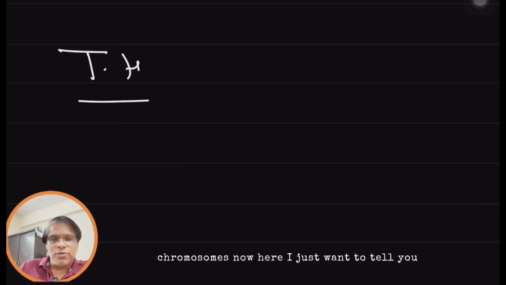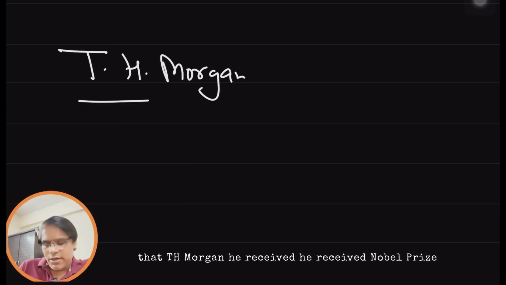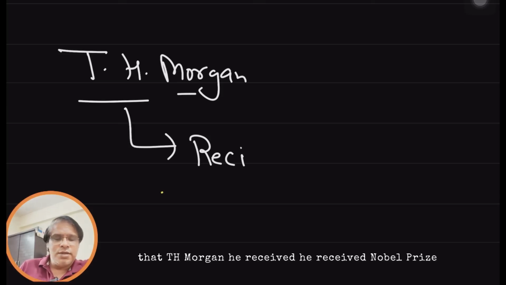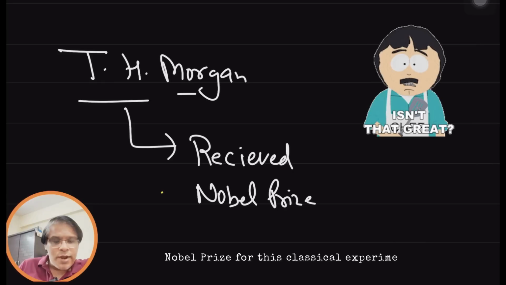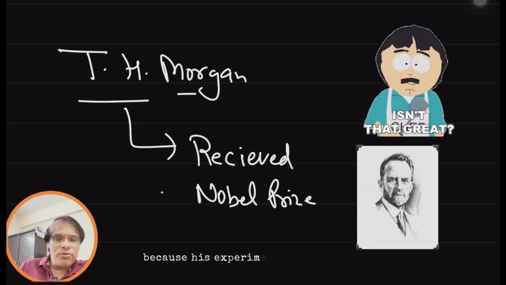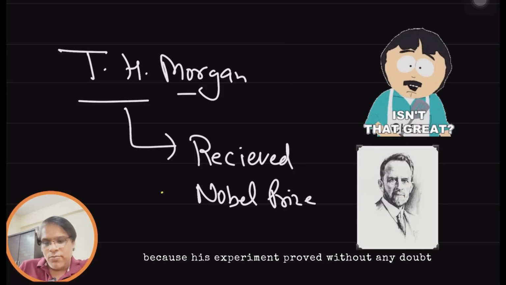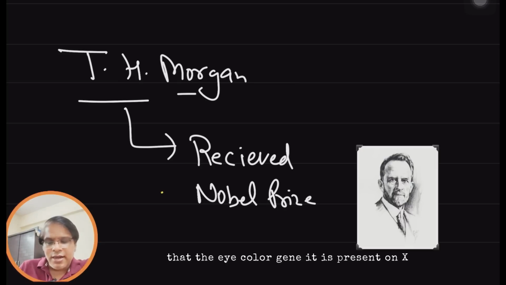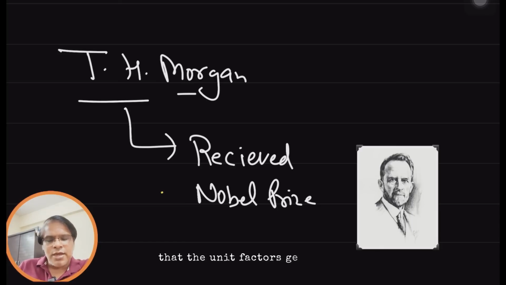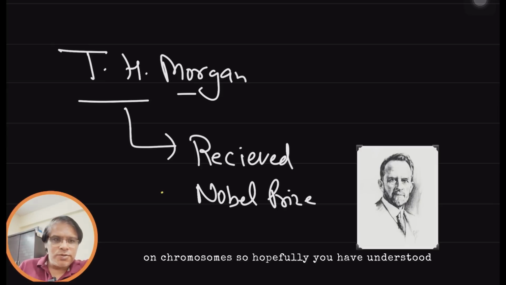T.H. Morgan received the Nobel Prize for this classical experiment, because his experiment proved without any doubt that the eye color gene is present on the X chromosome, and that genes are present on chromosomes.